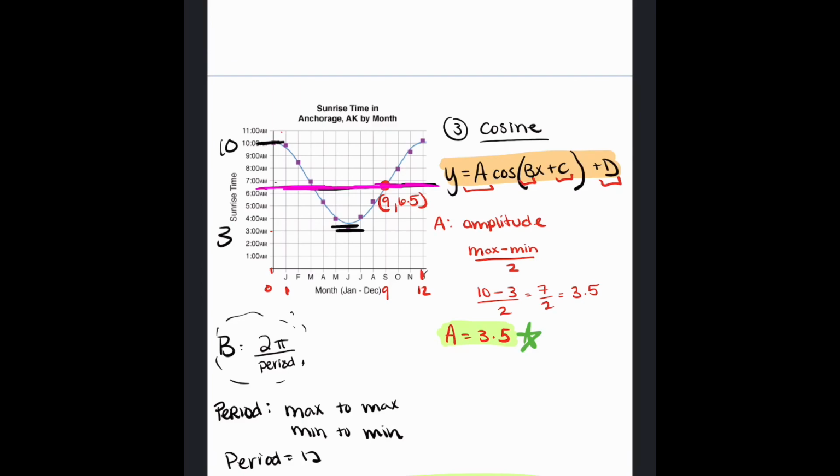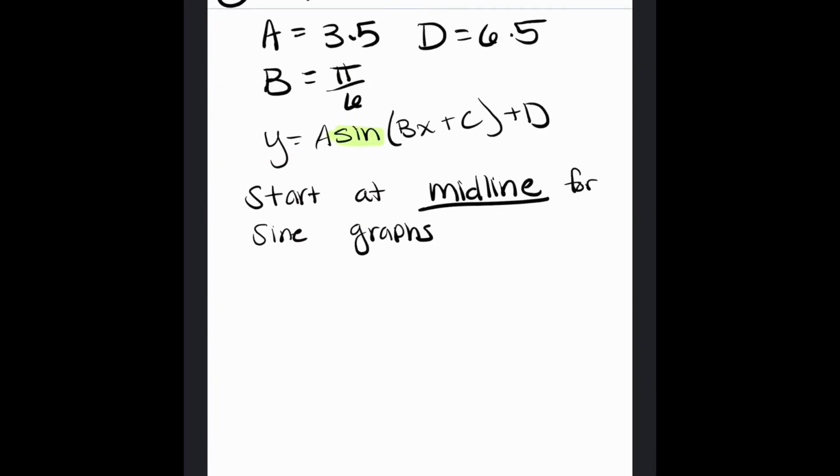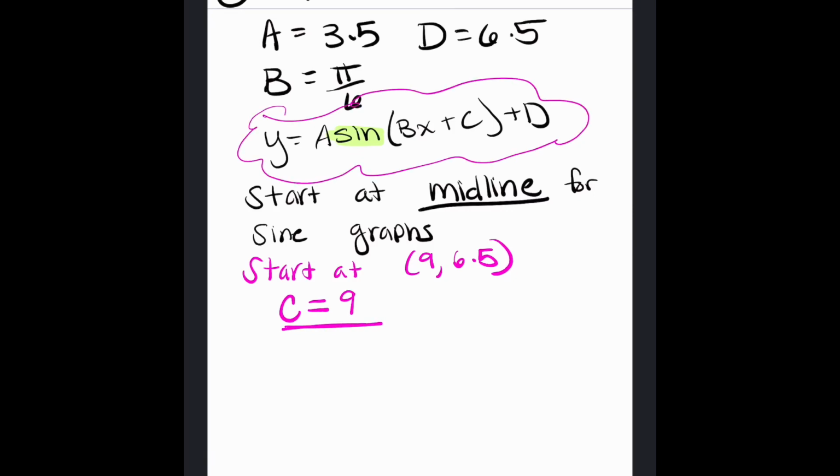So my starting point is 9, 6.5. I'm going to write that down here. So we're going to say start at 9, 6.5, which means my C is going to be the x value, which is 9 here. So now I'm going to rewrite this sine equation, plug in A, B, C, and D.